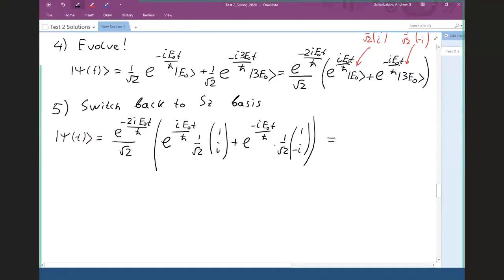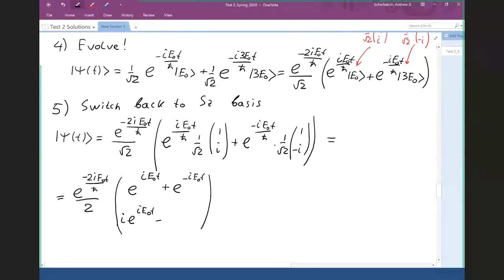Okay, let's write it down. So e to the negative 2i E naught t over h bar. Now, how about root 2 times root 2? I can factor it out. It's just over 2. And this becomes e to the i E naught t plus e to the negative i E naught t on top, and in the bottom you get e to the i E naught t times i, minus i e to the negative i E naught t.